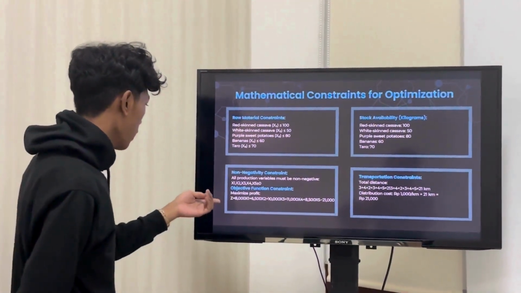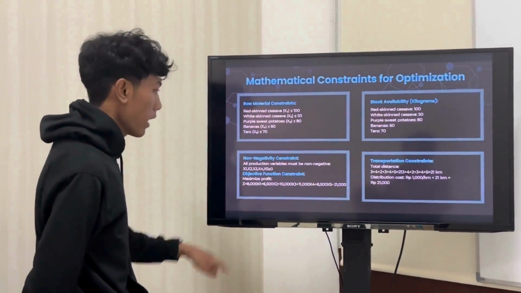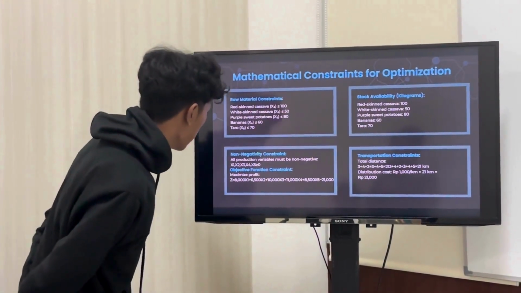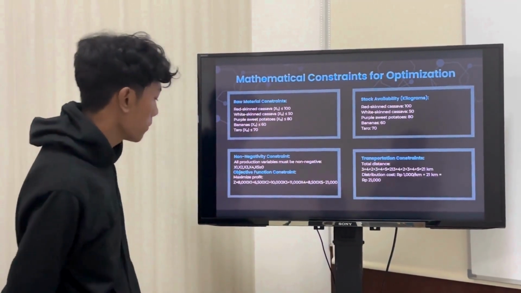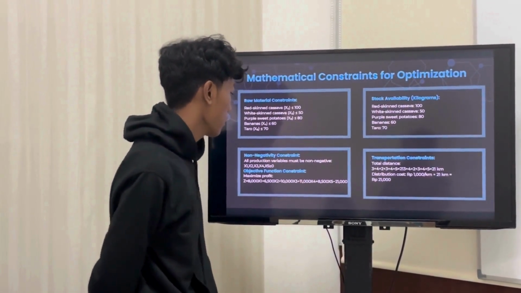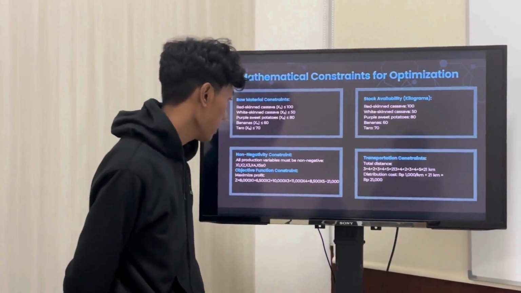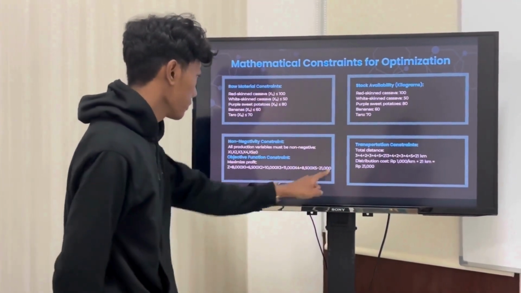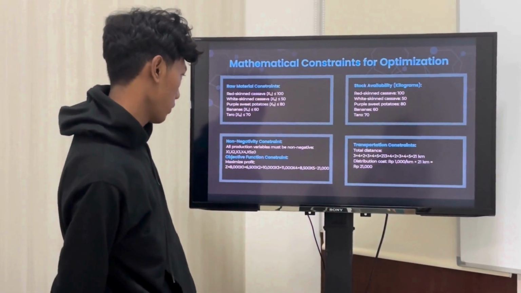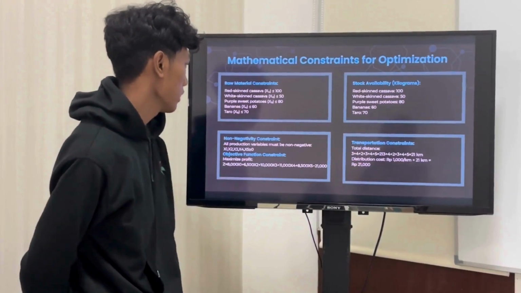The objective function is the raw material cost: 8,000 x1, where the variables are the types of materials, plus 6,500 x2 plus 10,000 x3 plus 11,000 x4 plus 8,500 x5 minus 21,000. The transportation constraint is the total distance from the previous one, 3 plus 4 plus 2 plus 3 plus 4 plus 5, which is around 21 kilometers. The distribution cost is the same.